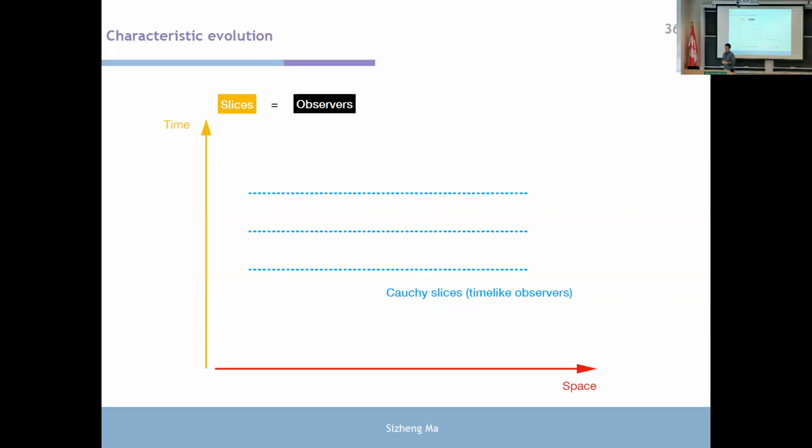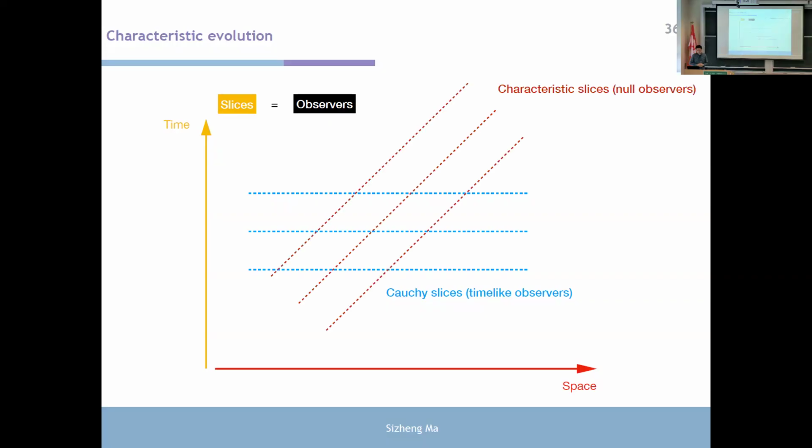During a simulation, we track each observer and see how the metric data evolve with the local time. However, for the characteristic evolution, we instead formulate the spacetime using those null rays generated by outgoing null radiation.